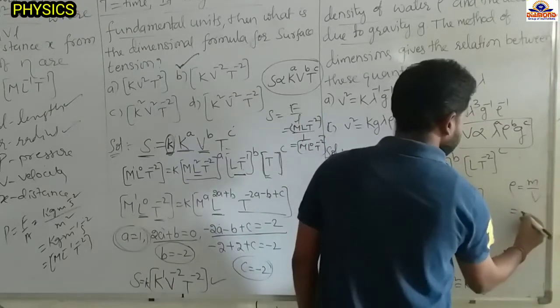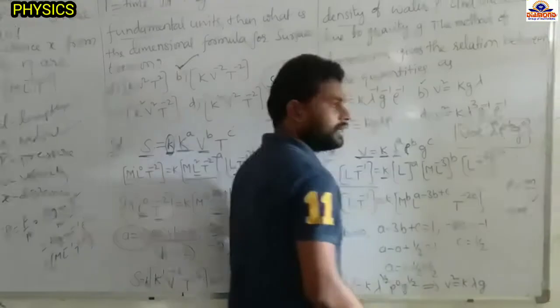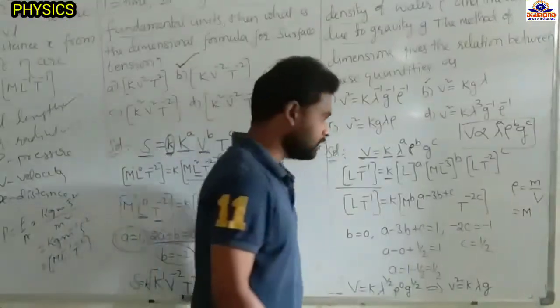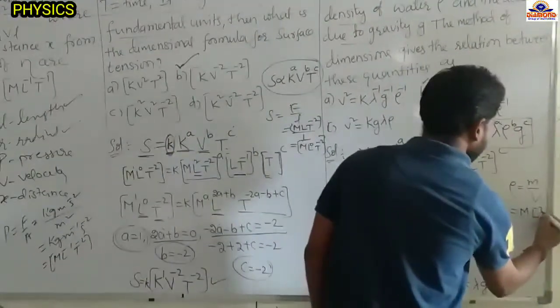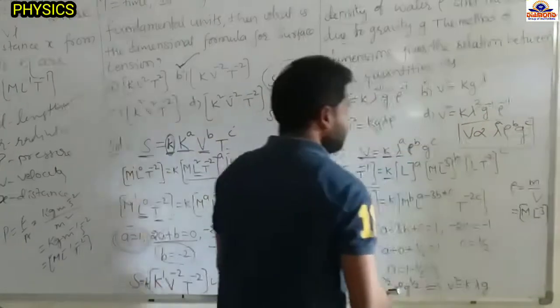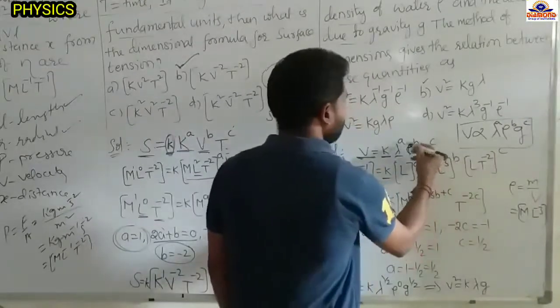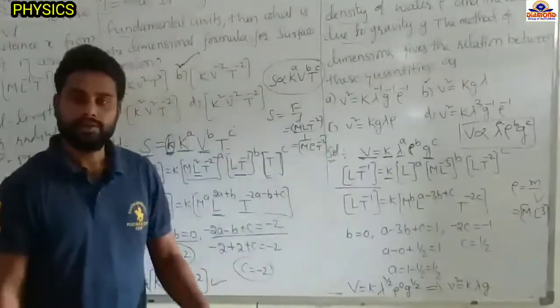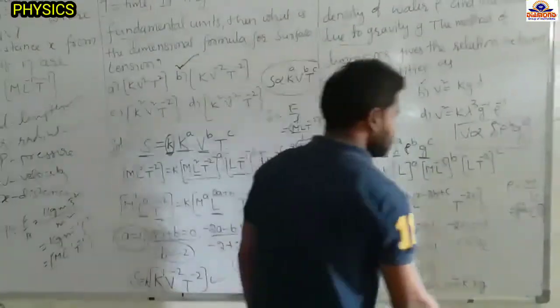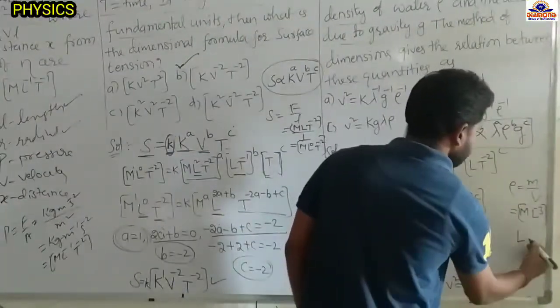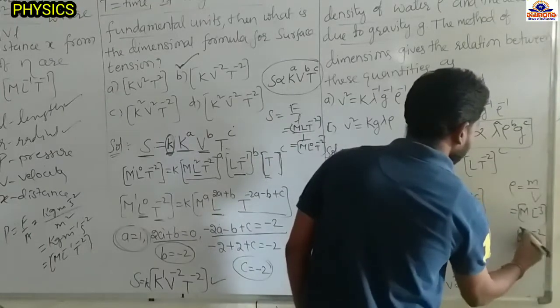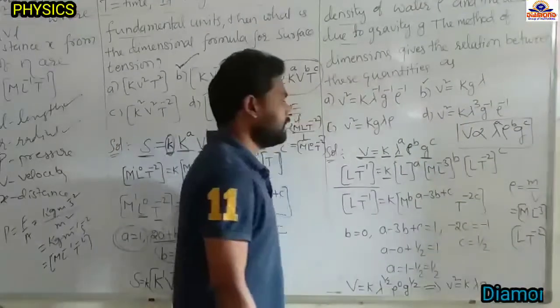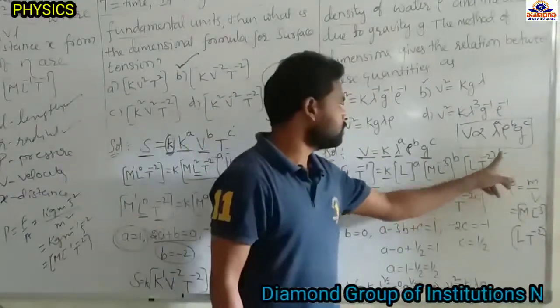The symbol of mass is M, and volume's unit is meter cube, that means length cube. So L power minus 3 we will get. This is the dimensional formula of density, M L power minus 3, whole power b. And g is the acceleration due to gravity. Its unit is meter per second square. Meter is the unit of length and second is the unit of time. So L T power minus 2 is the dimensional formula of gravity, L T power minus 2 whole power c.